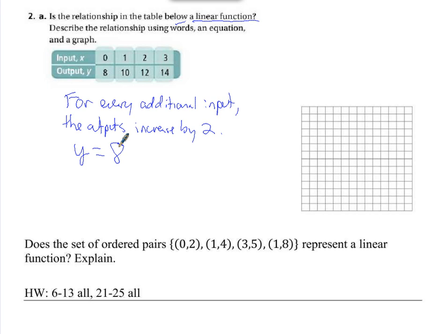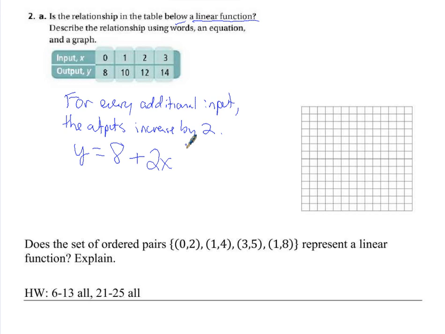No. Did I get 8 outputs? Yes. But now, for every additional input, we have to increase the outputs by 2. So increase by 2 tells me I'm going to add 2x, because for every additional input, we increase by 2 here.